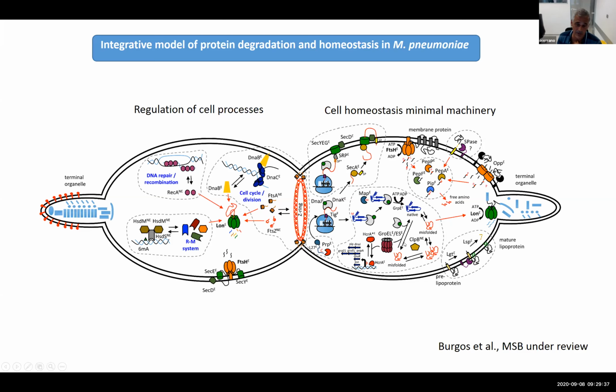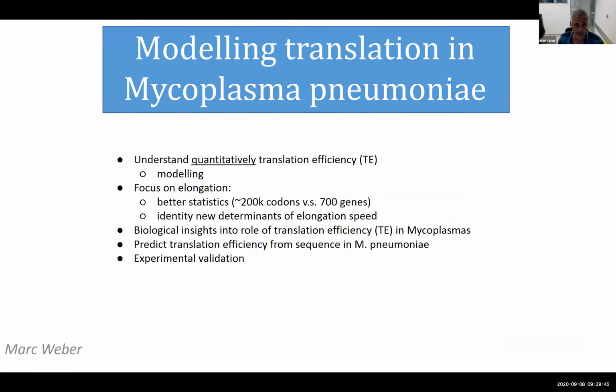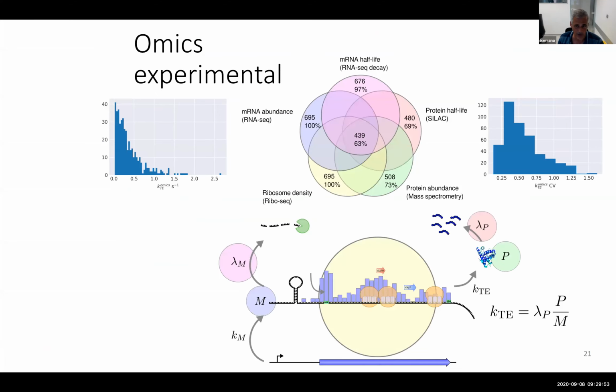So now I think we have all the data to try to put all of this into a whole cell model for translation. And just to finish, we are also making a small model for translation in Mycoplasma. We have collected the RNA half-life of every RNA, the protein half-life of every protein, and the mRNA abundance.